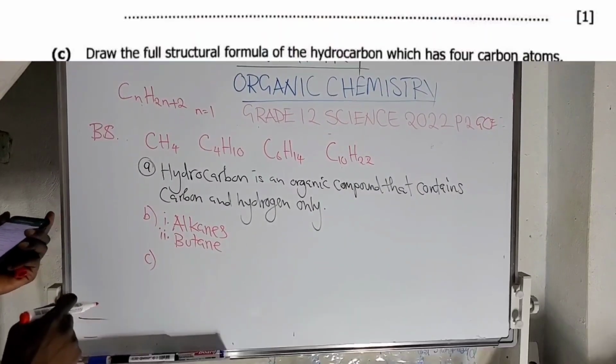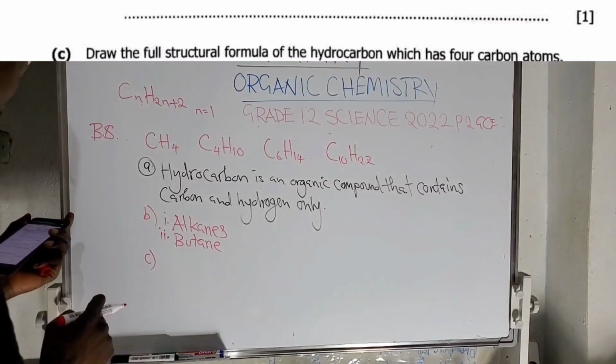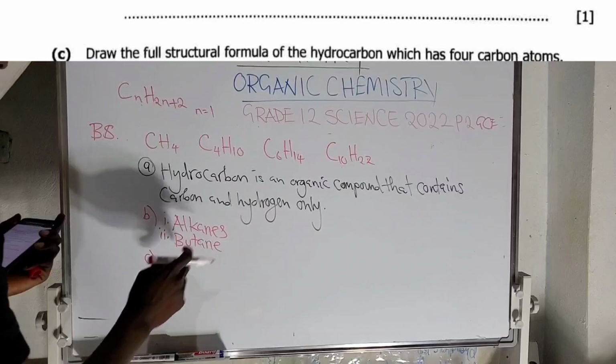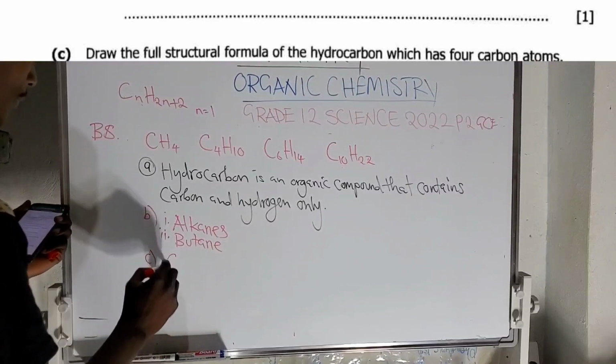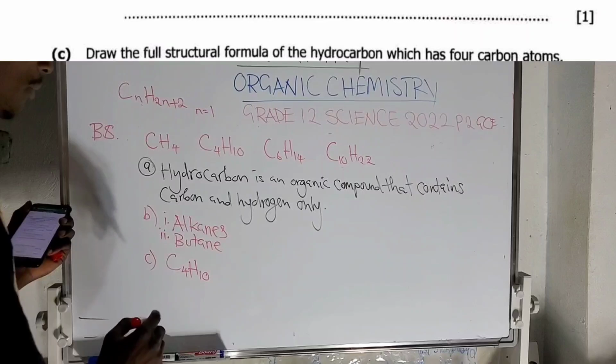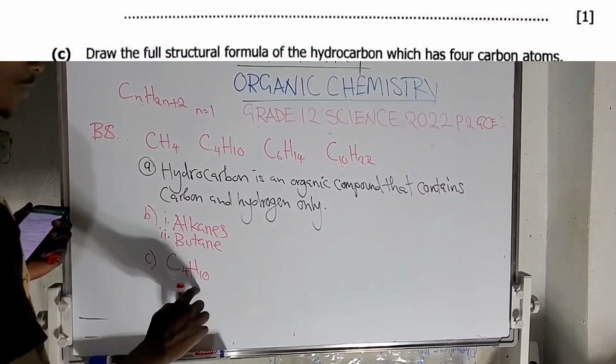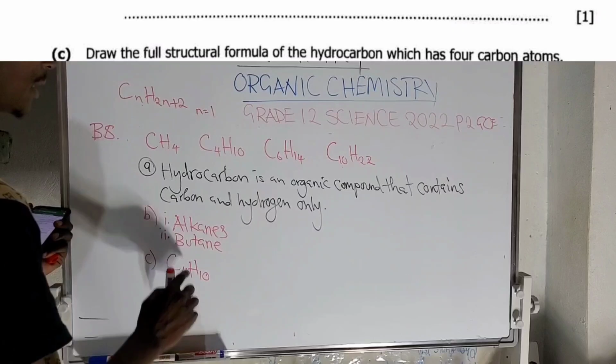Question C. Draw the full structural formula of the hydrocarbon which has 4 carbon atoms. Which is this one? Butane, C4H10. And so this one is not the structural formula, this is the molecular formula. We are asked to draw the structural formula.